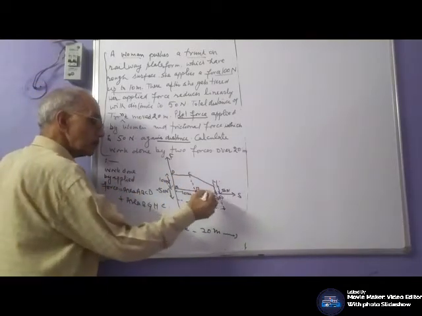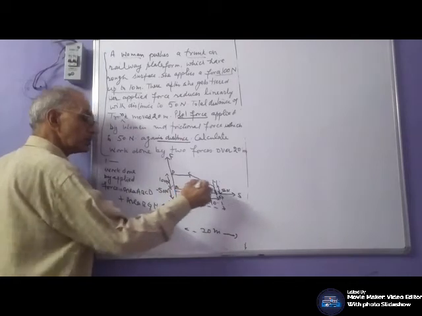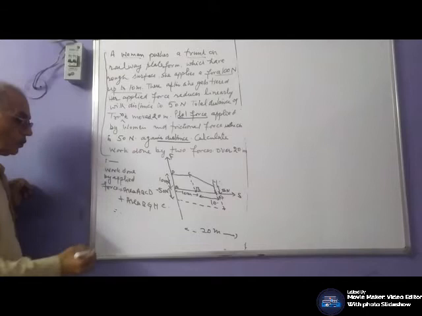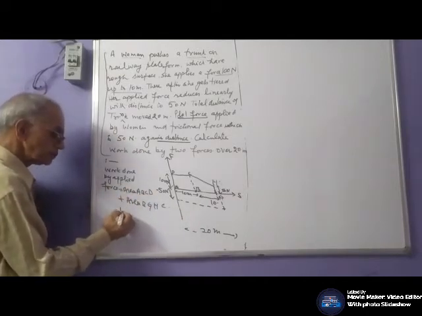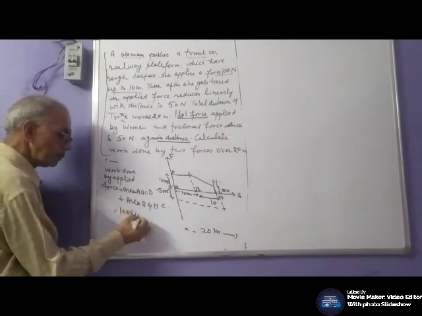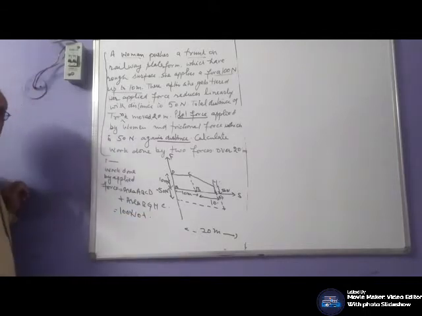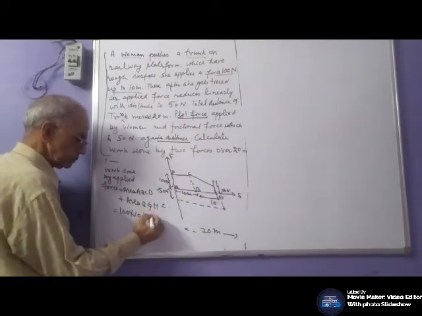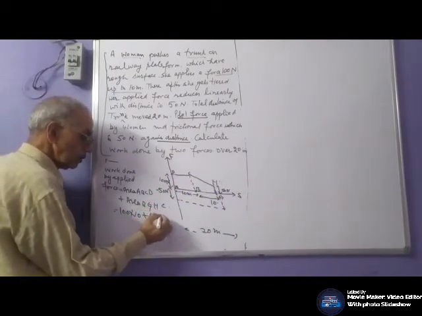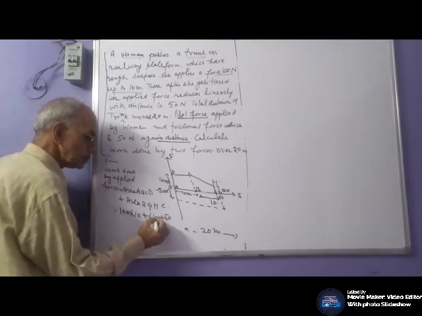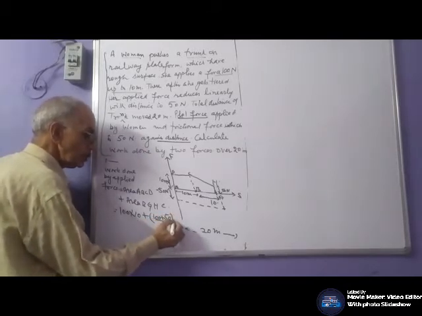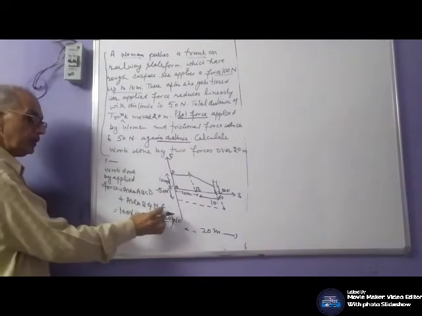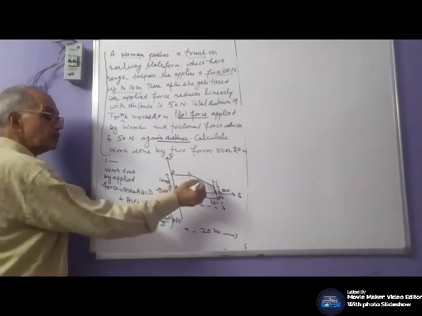The area she made in the applied force above. So these are two areas. Area ABCD is 100 into 10, plus this is 100, this is 50, average of 100 plus 50 into distance 10.